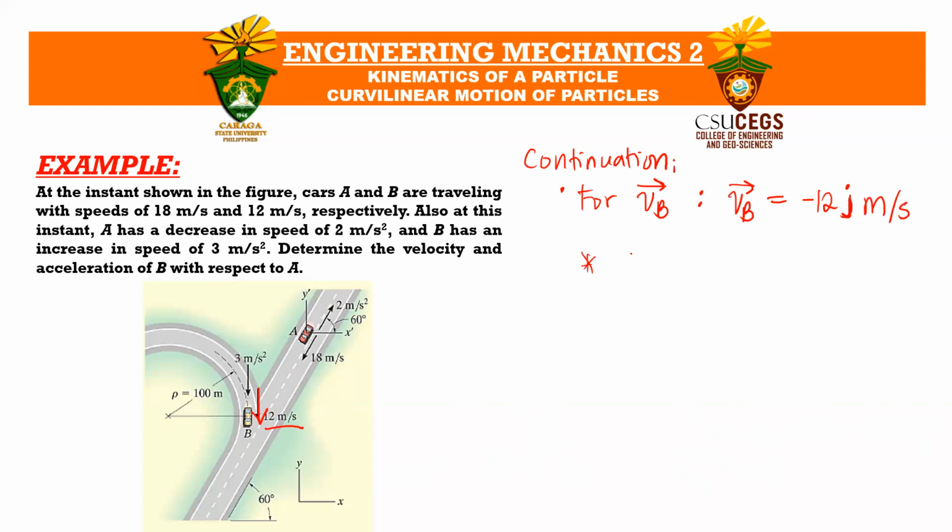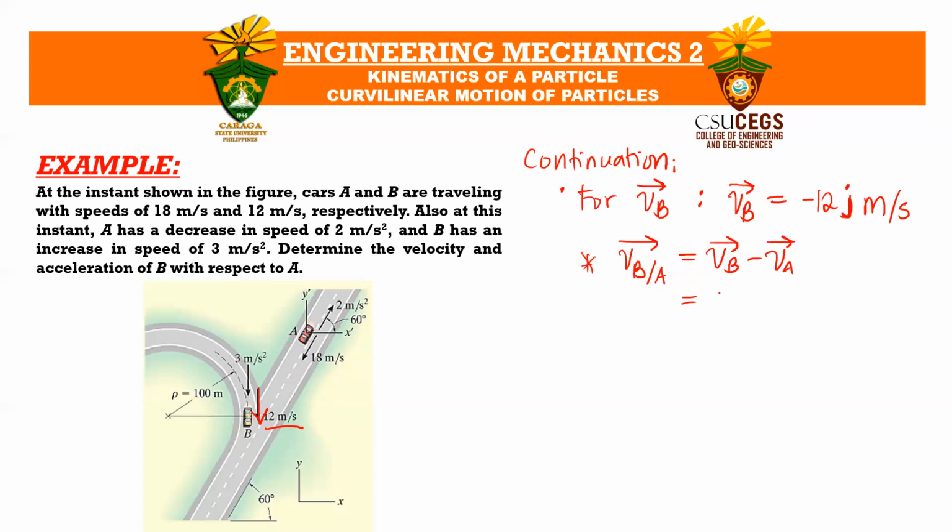So from the previous equation, the velocity of b with respect to a is equal to v sub b minus v sub a, and we can substitute the vector forms of the velocities of your two cars.